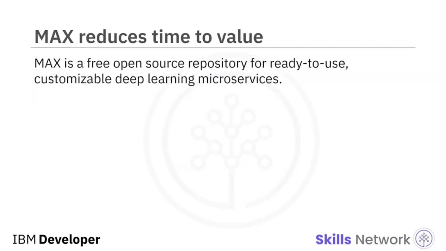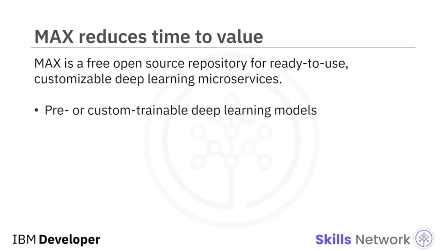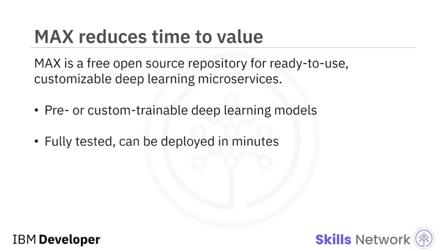The Model Asset Exchange is a free open source repository for ready-to-use and customizable deep learning microservices. These microservices are configured to use pre-trained or custom trainable deep learning models to solve common business problems. These models have been fully tested and can be quickly deployed in local and cloud environments.